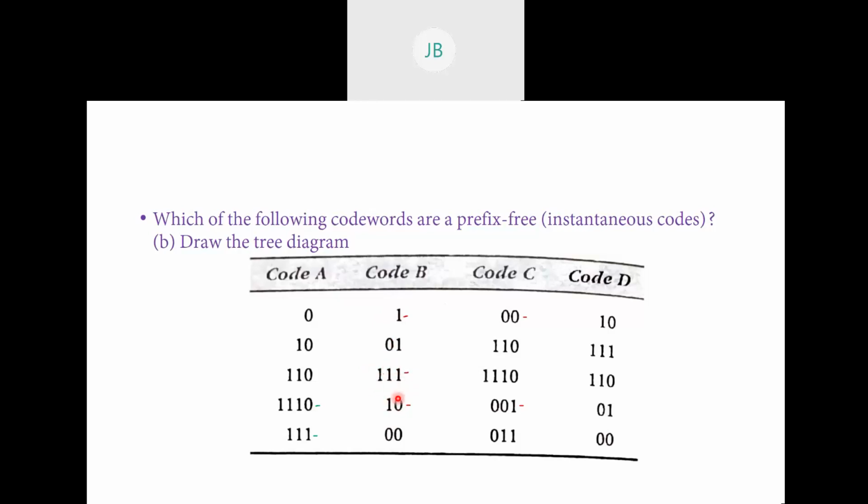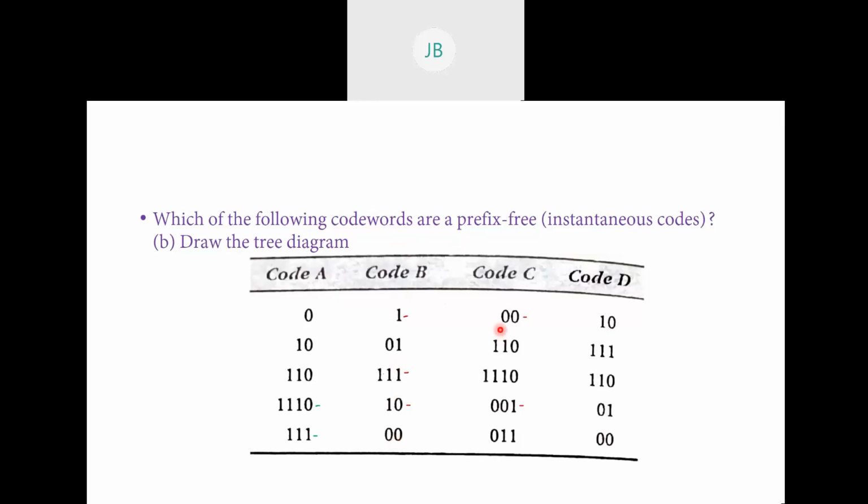When we compare it for the first time itself, we notice that this is a prefix of this as well as this. You don't need to check other things because we just need to find out whether it is prefix-free or not. Of course, this is not prefix-free.